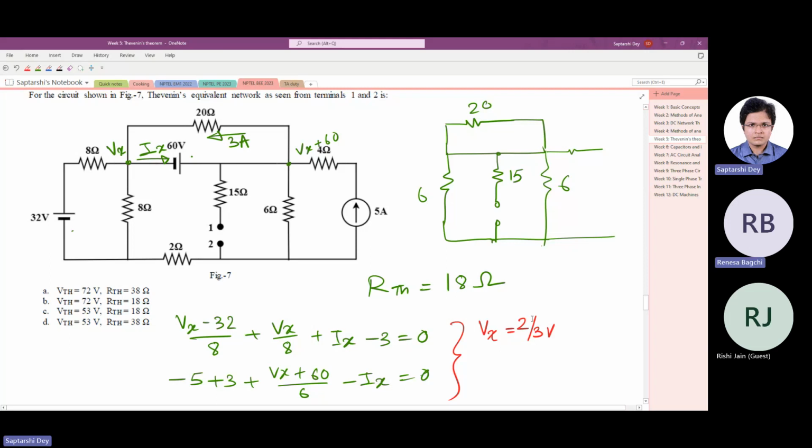Sir, Ix will be coming 7.6. And Vx, are you getting 2 by 3? Is it 7.666?